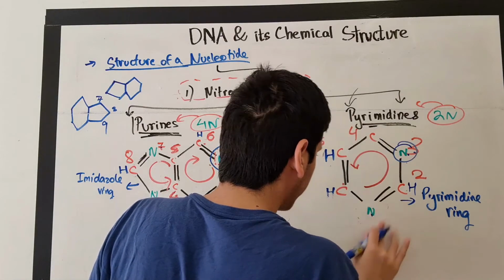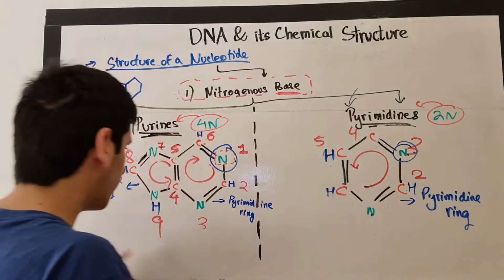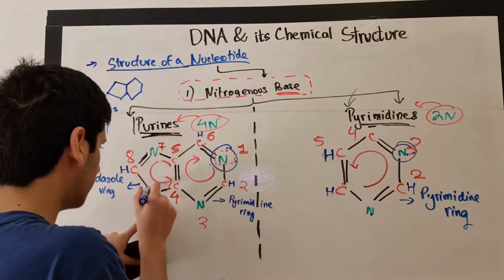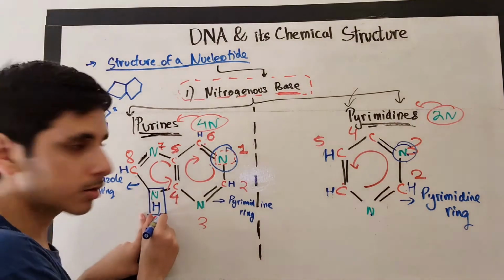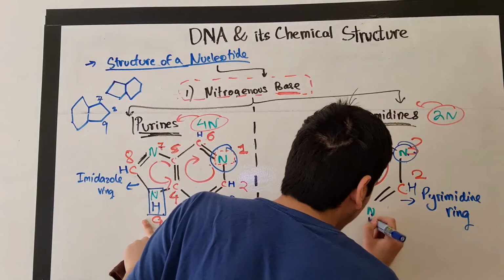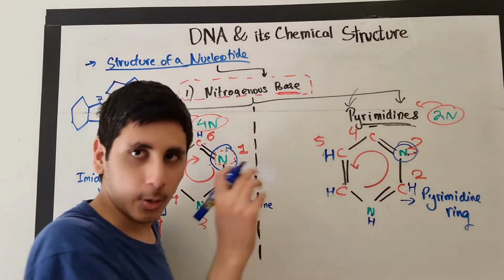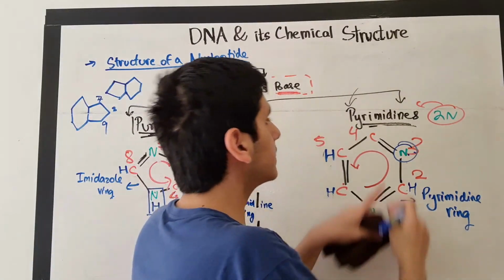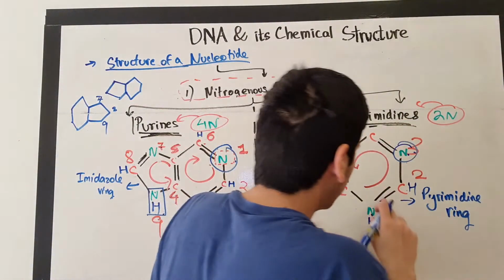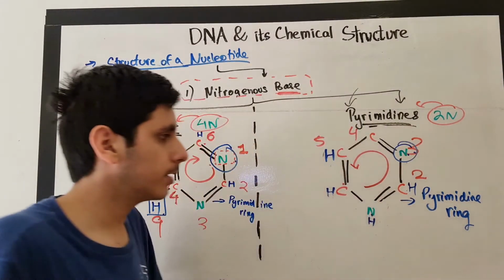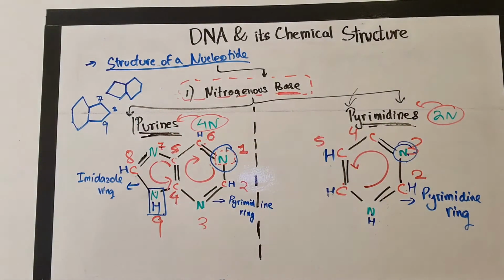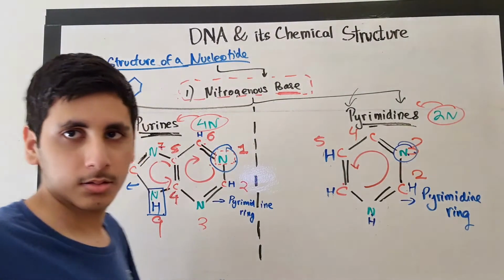You have the NH over here, and this is actually supposed to be hydrogen over here. However, because this is a general structure, there's a double bond, and that varies in the other pyrimidines. So you won't necessarily have a double bond.